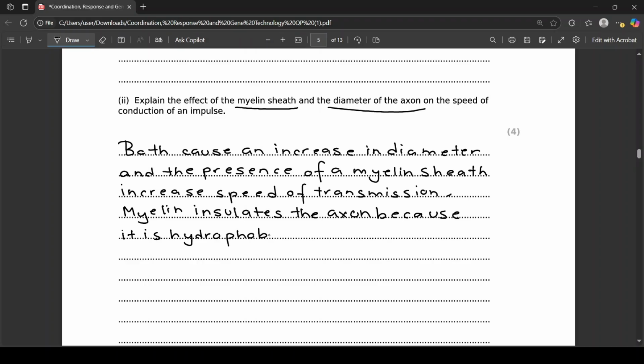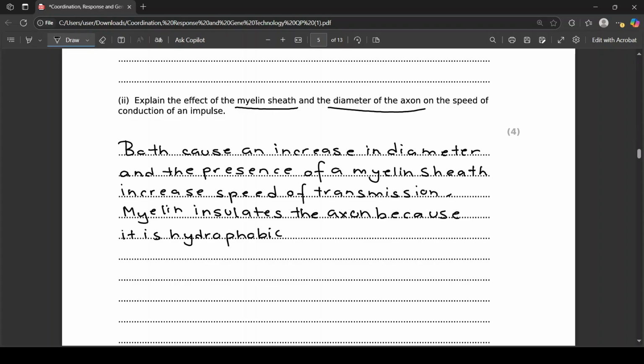So myelin is hydrophobic, meaning that it is water hating, it doesn't mix with the water and thus insulates the axon.